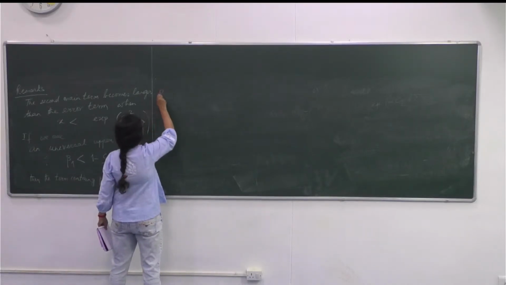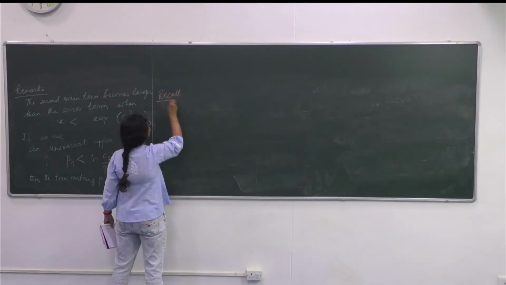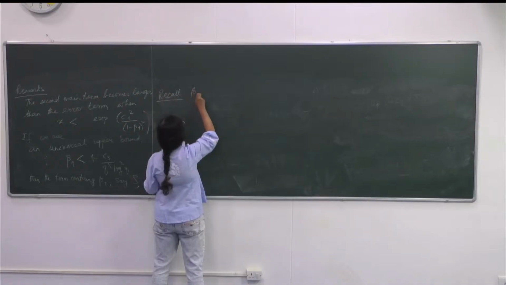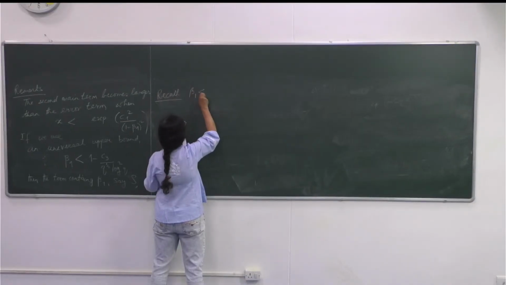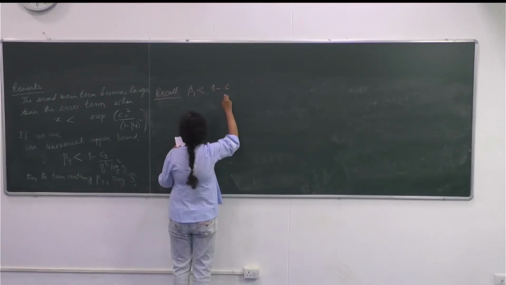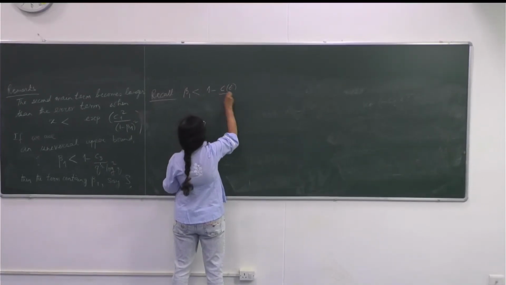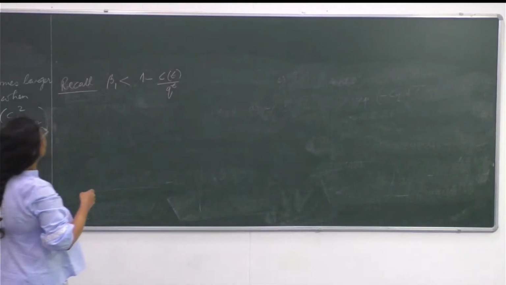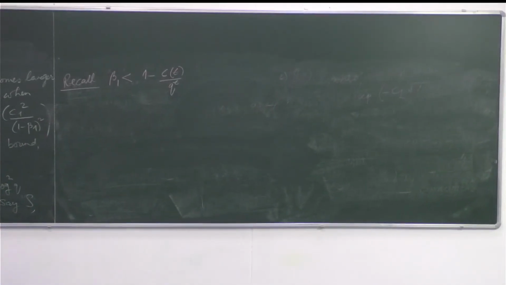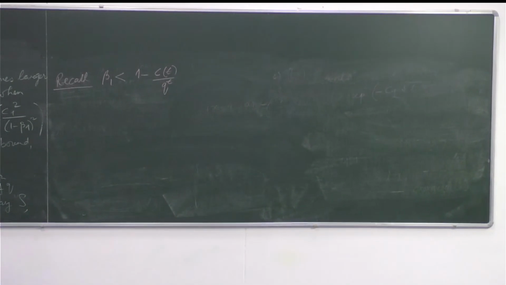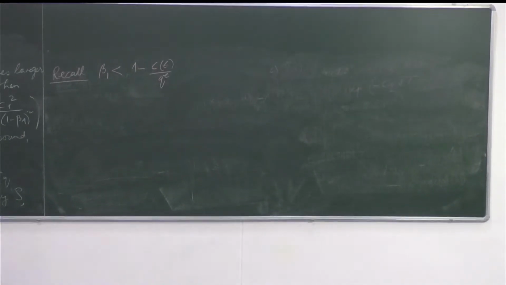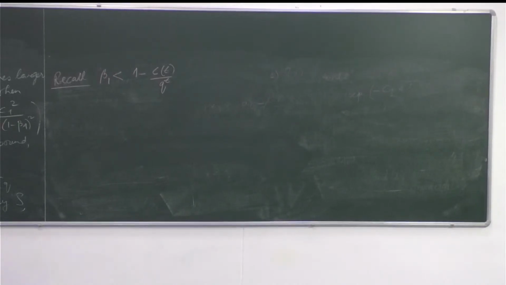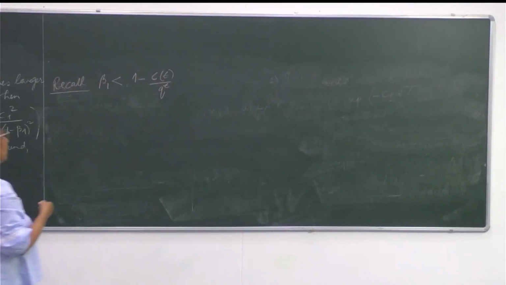So we recall, first of all, that for every epsilon, there exists a constant c epsilon that depends on epsilon, such that beta 1 is less than 1 minus c epsilon by q to the power epsilon.